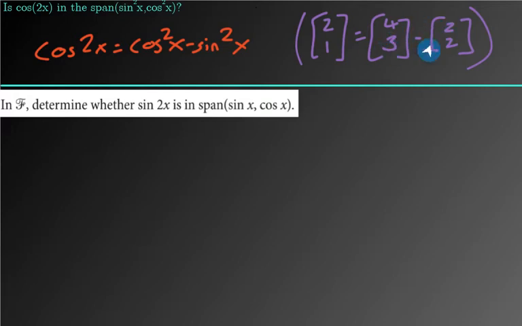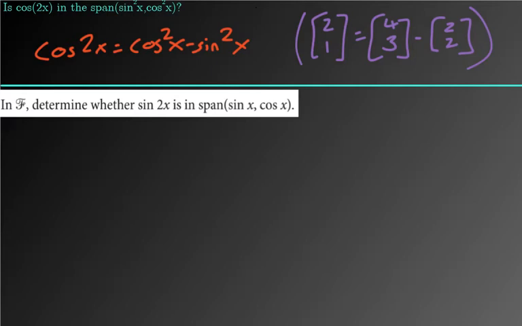These two span some sort of plane. Well, they're R2, right? And this is another vector in R2 that you get by doing that same subtraction. So that's basically the idea with these things.